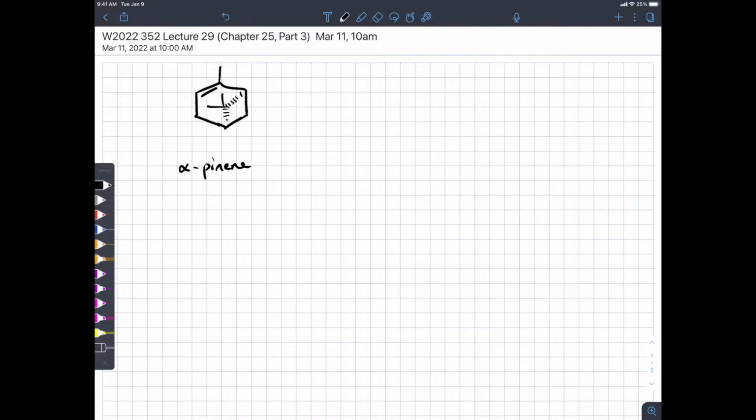And if you want a different view of what this structure looks like, you can draw it this way. And this structure comes from a linear precursor called geranyl pyrophosphate. And the pyrophosphate group is just a really good leaving group.